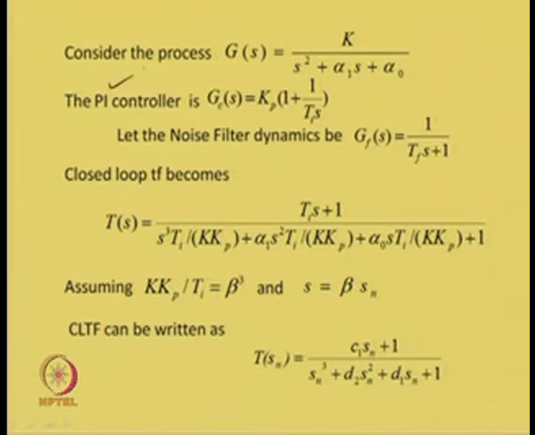Please keep in mind the type of PI controller we had considered earlier was G_C(s) = Kp + Ki/s, whereas we have now considered a parallel PI controller of the form G_C(s) = Kp times (1 + 1/(Ti s)).